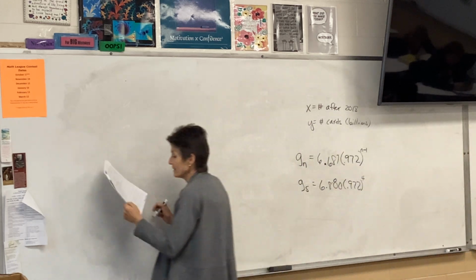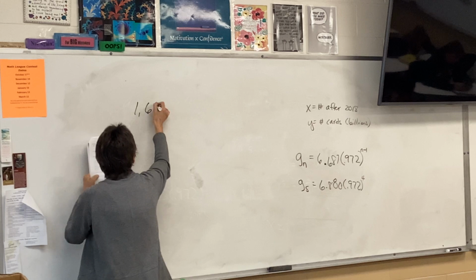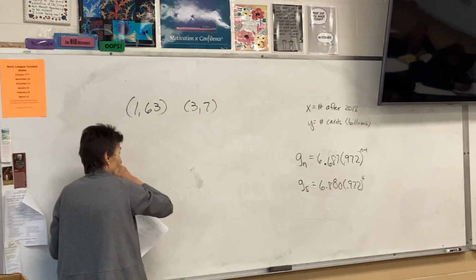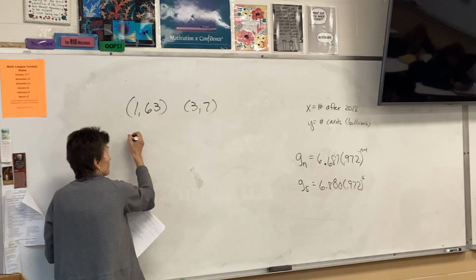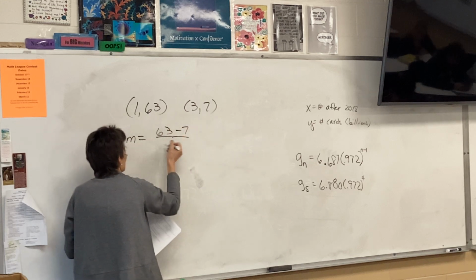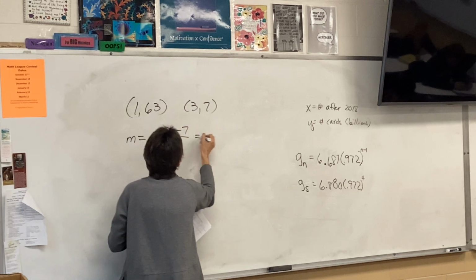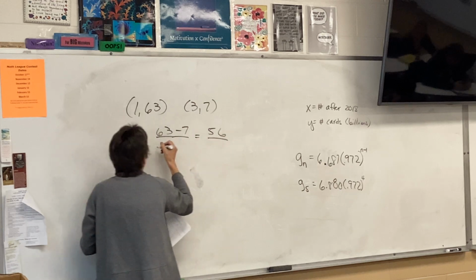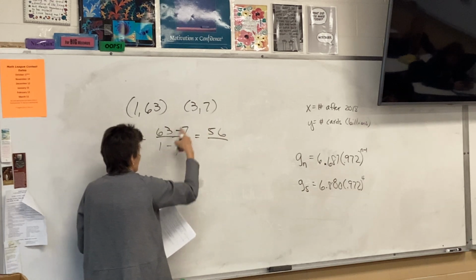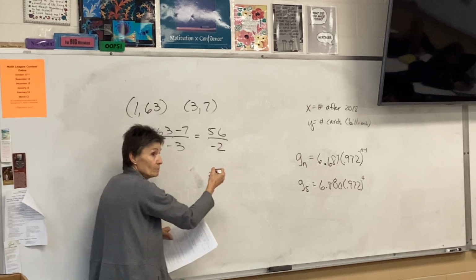2 points, write the equation of the line. Oh my gosh, you better have been able to do this. What did you do if you were making a linear function? 63 minus 7, which is, what is that? 56. Over 1 minus 3, negative 2.